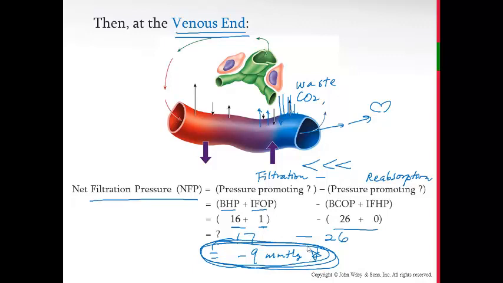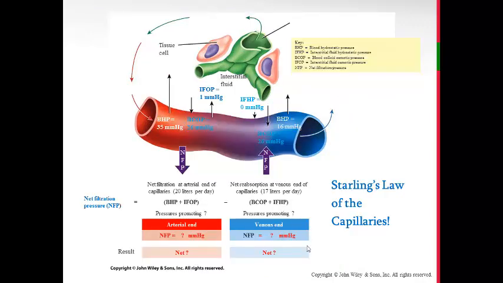So if we put it all together, it looks crazy, but let's break it down because you already went through some of these. If we take a look at our equation over here, which we saw earlier, this describes the Starling law of the capillaries. Basically, you have the pressure promoting filtration minus pressure promoting reabsorption.